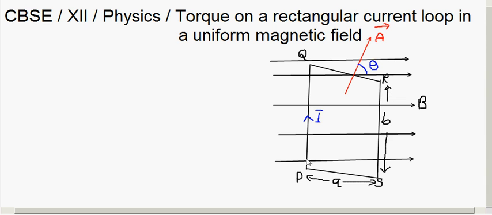But if you take the forces on PQ and RS, the forces are equal but acting in opposite directions, and they are not collinear, and hence they give rise to a torque. Now for the detailed explanation about the force, you can refer to our previous class. For the time being, I will write here all this description whatever we have taken.